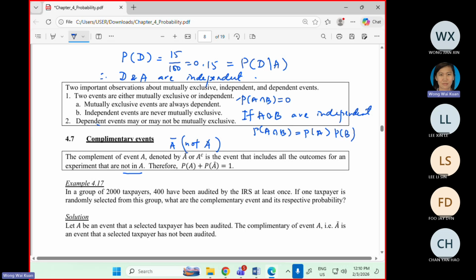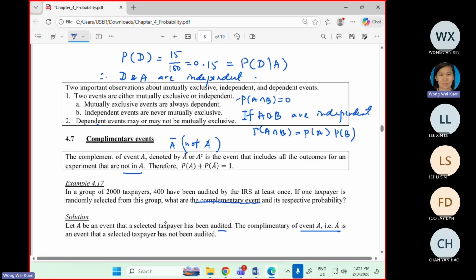Okay, then 4.17, in a group of 2,000 taxpayers, 400 have been audited by IRS at least once. If one taxpayer is randomly selected, what is the complementary event and the respective probability? Okay? So if I let A be the event that a selected taxpayer has been audited, then the complement is the event that the selected taxpayer has not been audited.